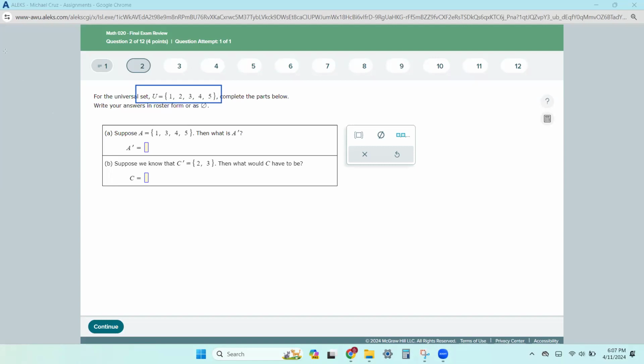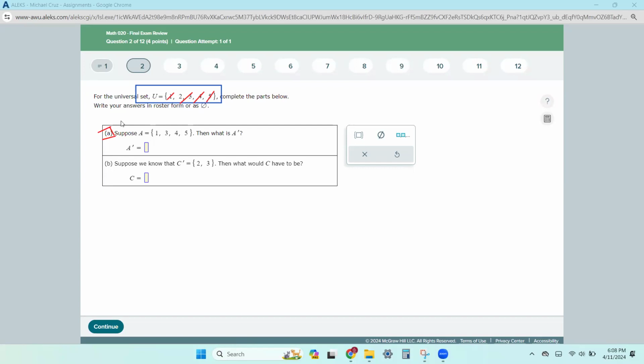So what I like to do is go through here. I'm working on this one right here. I'm going to go up here and take out the ones in that set I've got here. So 1's gone, 3's gone, 4's gone, and 5 is gone.